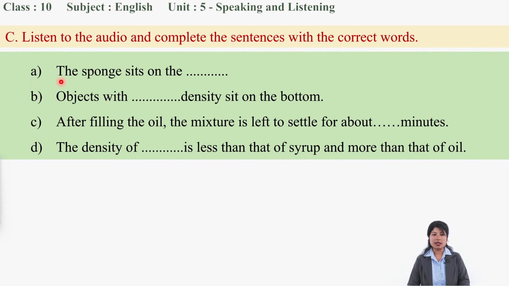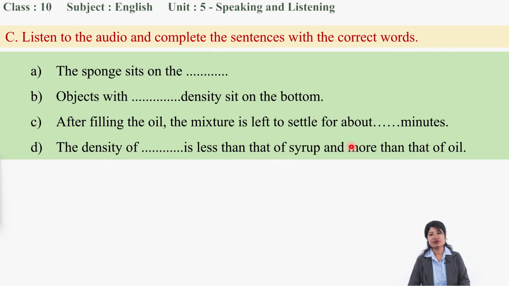Okay. A. The sponge sits on the what? A particular word you have to fill in over here. B. Objects with what density sit on the bottom? C. After filling the oil, the mixture is left to settle for about how much time? Minutes.